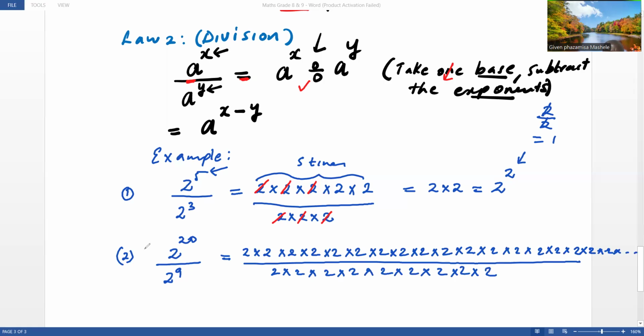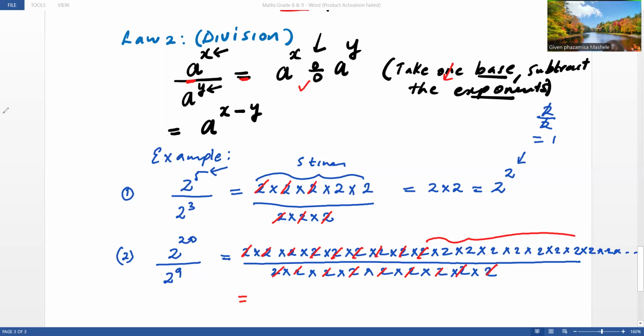So you see that if we have to do this, it will be a tedious one because 2 divided by 2 goes once, 2, 3, 4, 5, 6, 7, 8, and 9. So how many times are we going to be left with? It will just be 2 times 2 times 2.